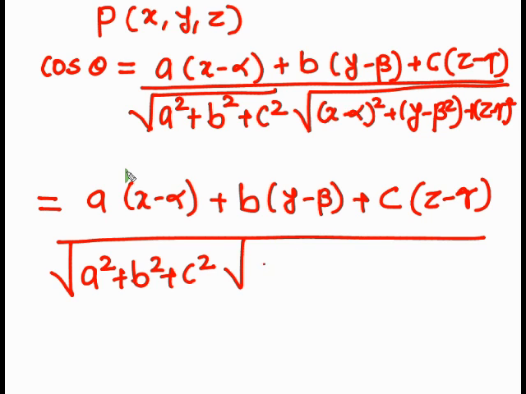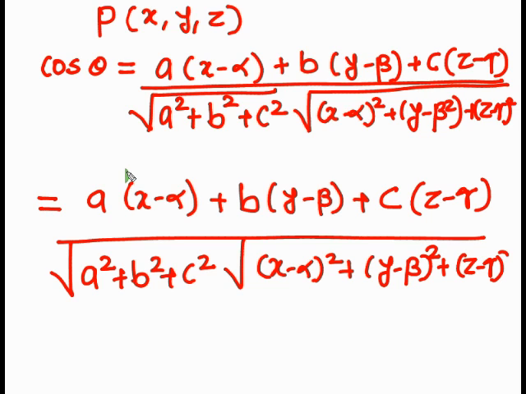Similar to the previous method, we get here x minus alpha square plus y minus beta square plus z minus gamma square. So this is how you can remember this formula. This helps us find the equation of a right circular cone.